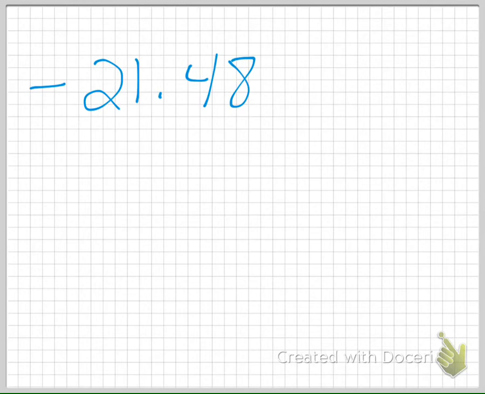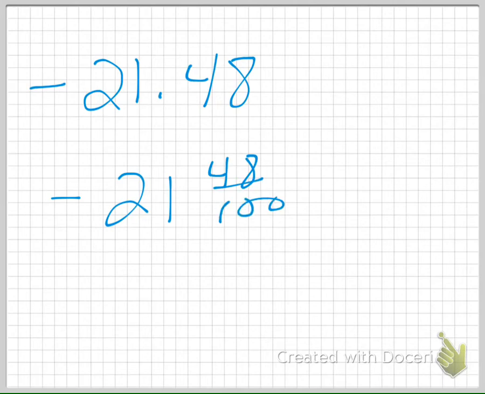How do I turn that into a fraction? You read it. It would be negative 21 and 48 hundredths. I'm not done because that can be reduced, but that's what you do. Got it? To go from a fraction to a decimal, what do I do again? I divide. Okay. As long as we're clear.